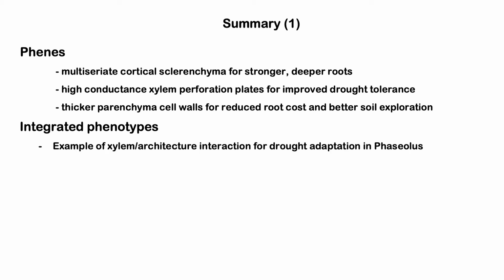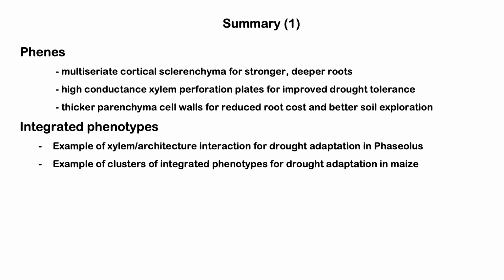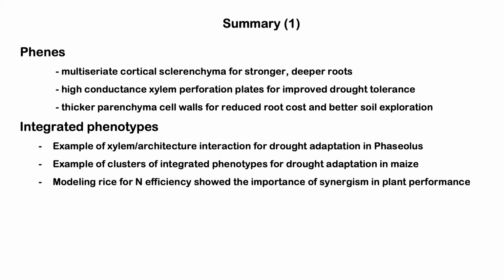I gave the example of the xylem architecture interaction for drought adaptation in Phaseolus species. I gave the example of clusters of integrated phenotypes explaining drought adaptation in maize. And I gave the example of how modeling rice for nitrogen efficiency shows the importance of synergism in plant performance.